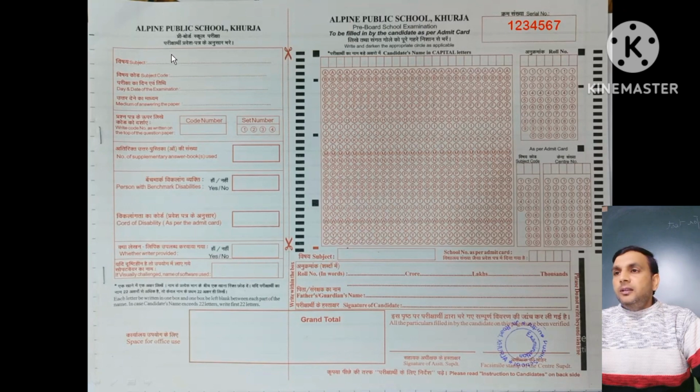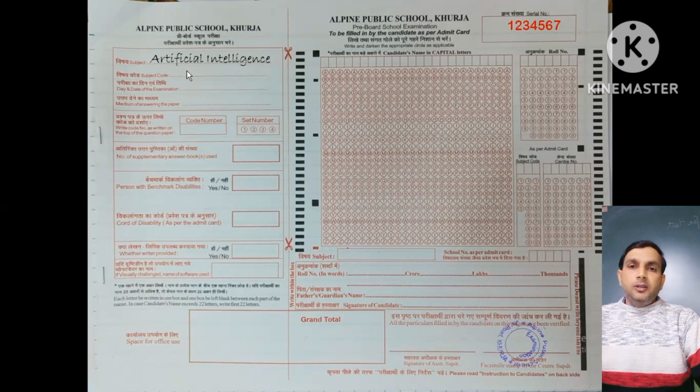You can write it like this, artificial intelligence, or you can write it in brackets just in front of artificial intelligence, AI. And next is subject code. As I have mentioned, the subject code of artificial intelligence is 417. You can write here 417.